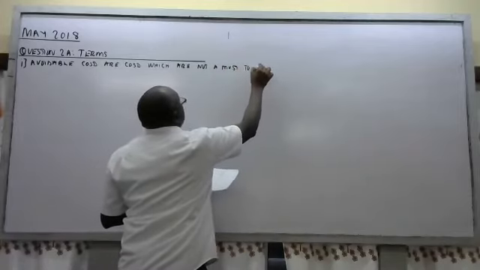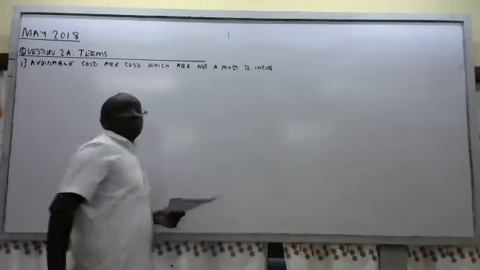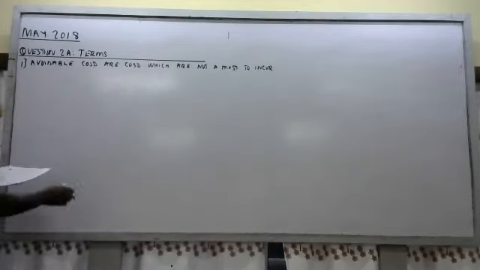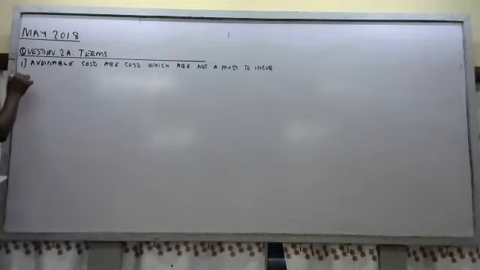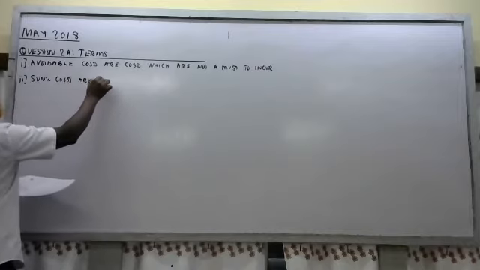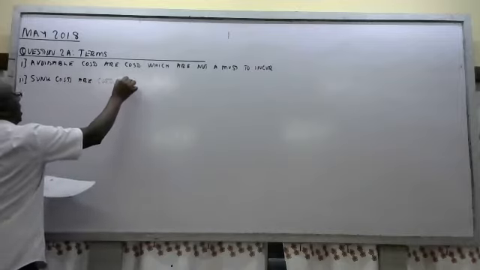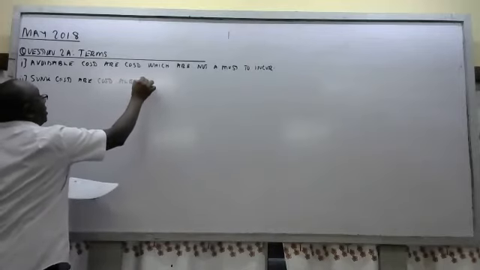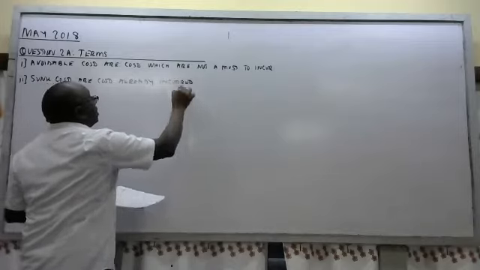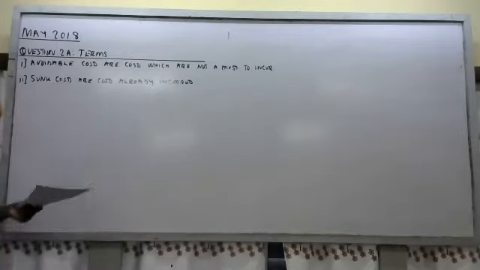You can avoid it. Number two, sunk costs are costs already incurred. Those are costs which are already incurred, you cannot change them.